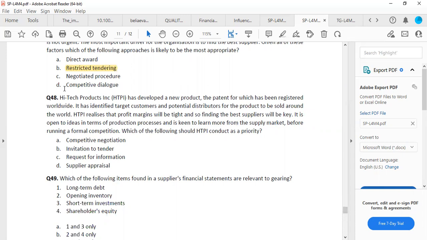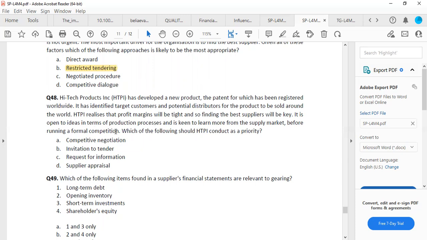Okay. High-Tech Products Incorporation has developed a new product, the patent for which has been registered worldwide. It has identified target customers and potential distributors for the product to be sold around the world. HTPI realizes that profit margins will be tight, and so finding the best suppliers will be key.